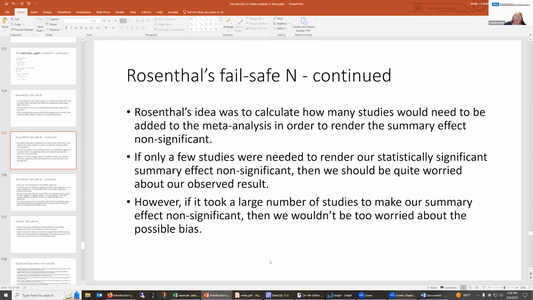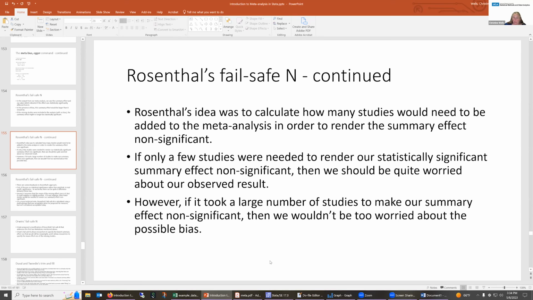Well, if we only had to add a few studies, we would be really worried, right? If we're only missing a couple of studies and all of a sudden our estimated effect is really close to 0, now I am really uncomfortable.